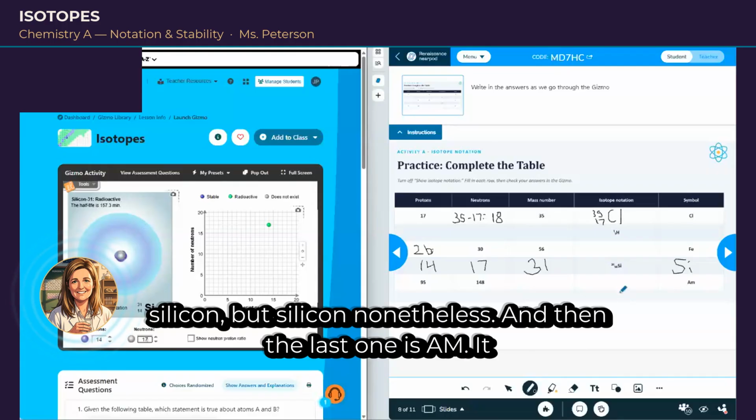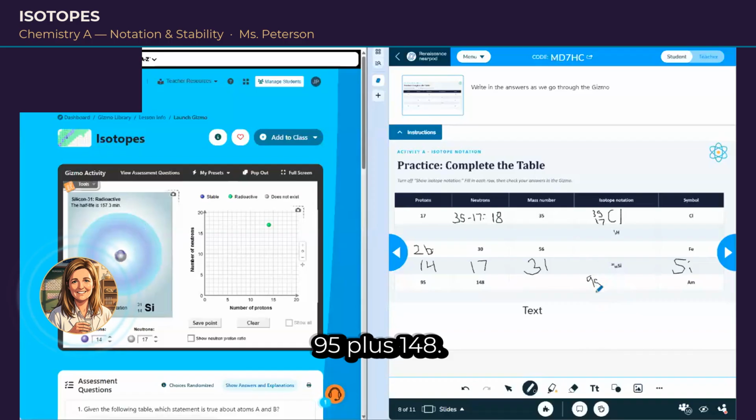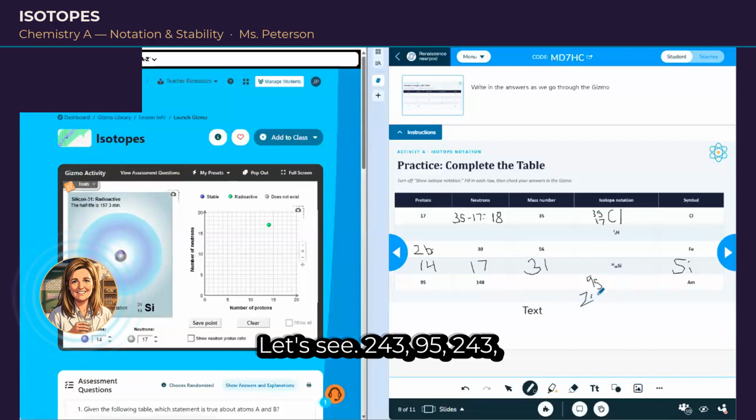And then the last one is Am. It has 95 protons. Neutrons are 148. What's 95 plus 148? Let's get my calculator because 243. 95, 243.